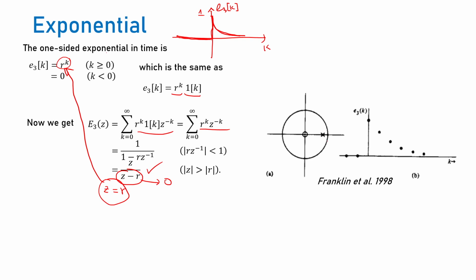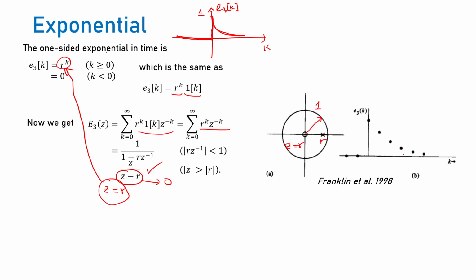And here is the graphical representation. One here is about the location of the poles. Let's say Z equal to R, so R is here. And then we have the exponential function in the k domain converging like this, because R is within the unit circle.